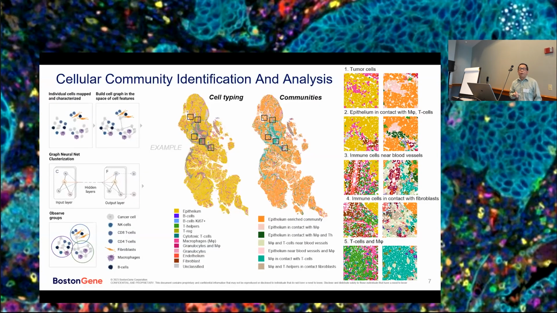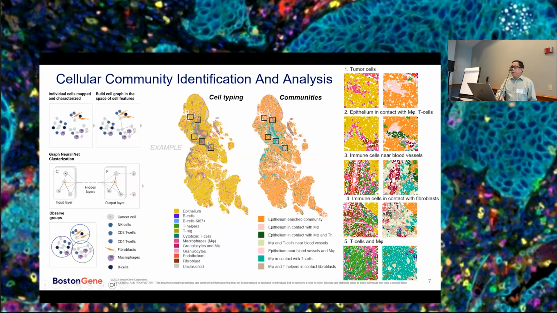So next step, after all the cells are identified, is to analyze the neighborhood. That is, which cell types are hanging together, which cell types are actually affecting each other, either at a short distance or a rather long distance. So based on clustering of these phenotypes, in the middle is an example of this tissue. As you can see, the yellow means tumor, and there are areas circled and magnified on the right, so you can see more detail.